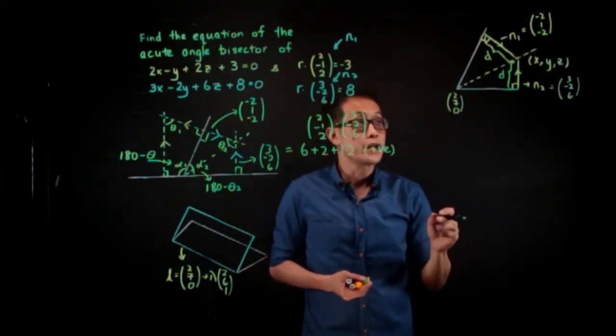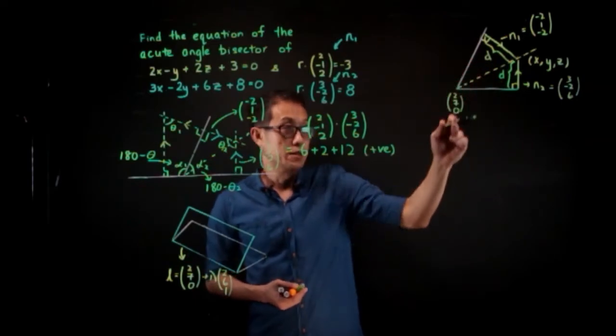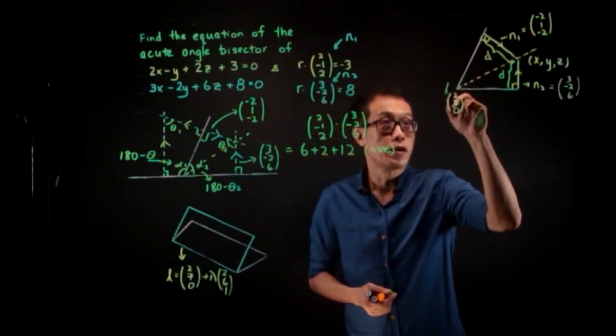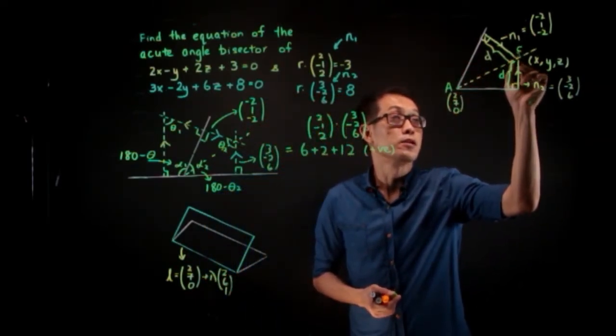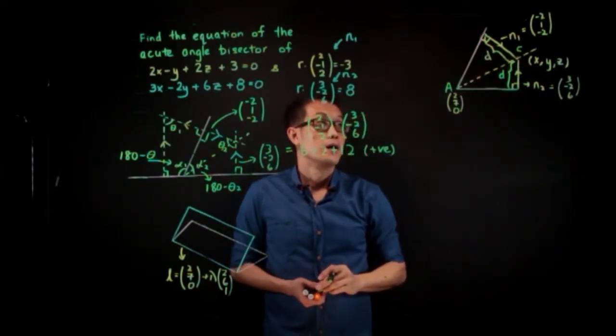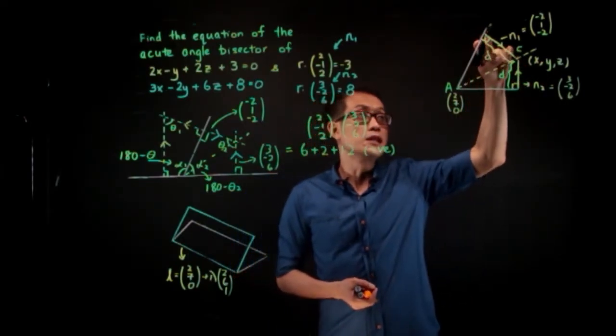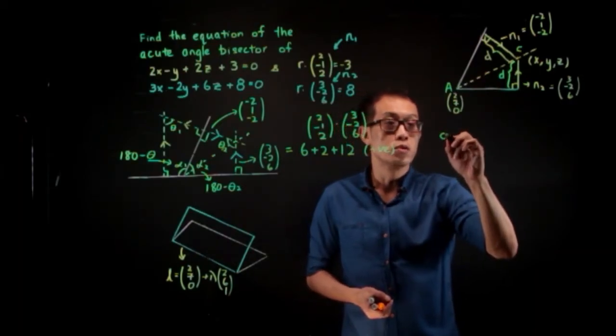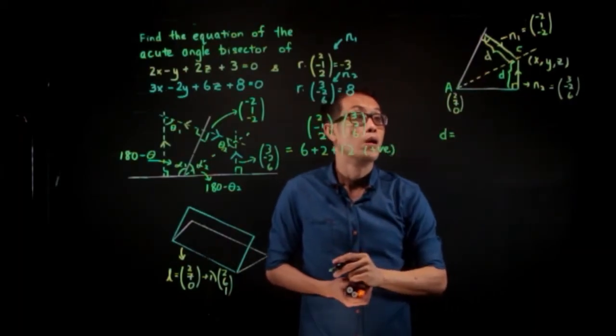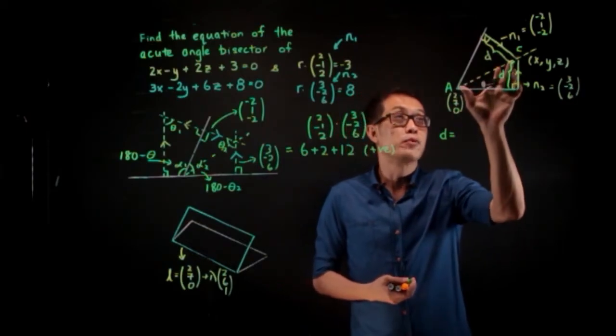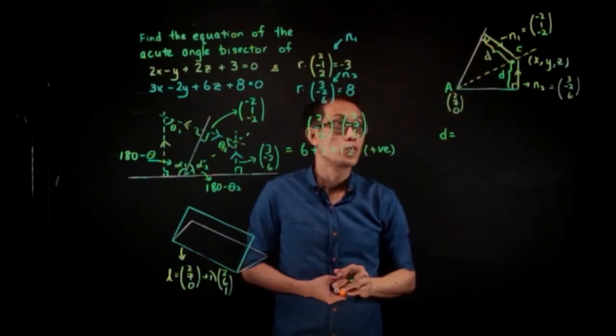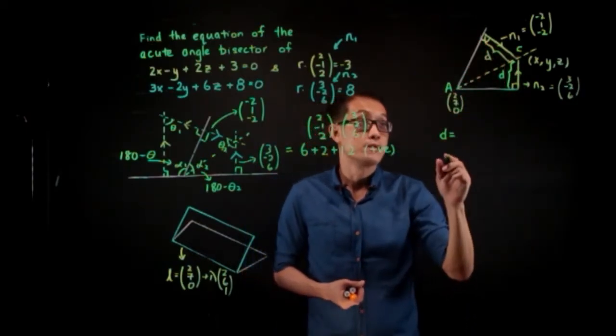Now, how to find D? Let's call this point A and this point C. Now, the distance D will be equal to the length of projection of AC onto minus n1.